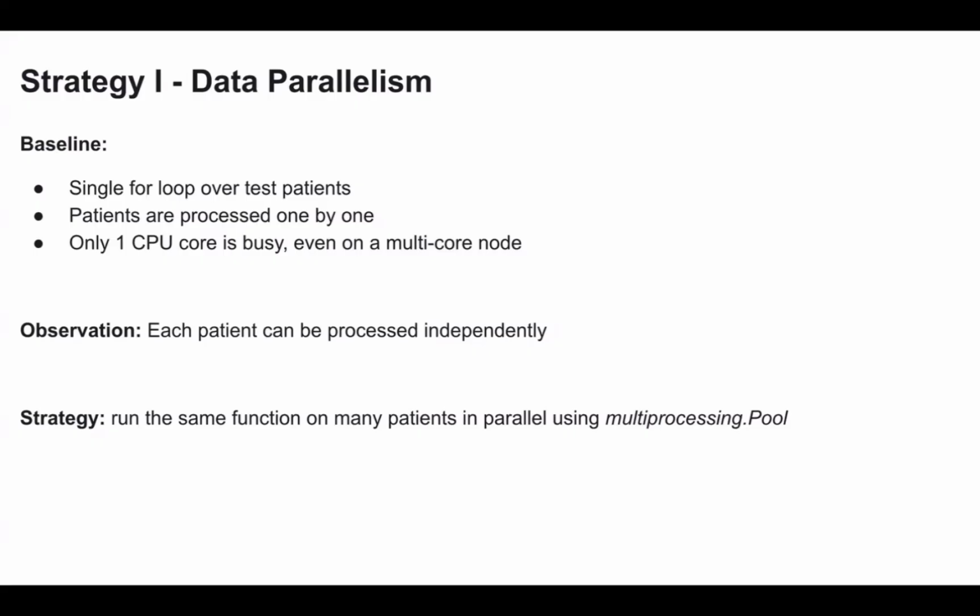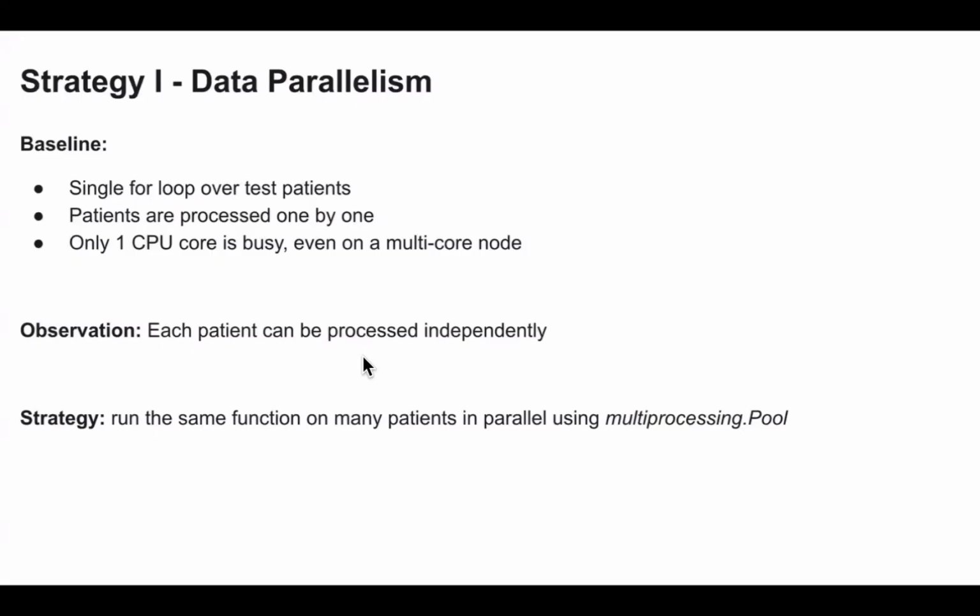Even though we have maybe 20 cores available, the script would only use one. To solve this problem, I found that each patient can be processed independently when computing their DVHs. So it is very suitable for data parallelism.